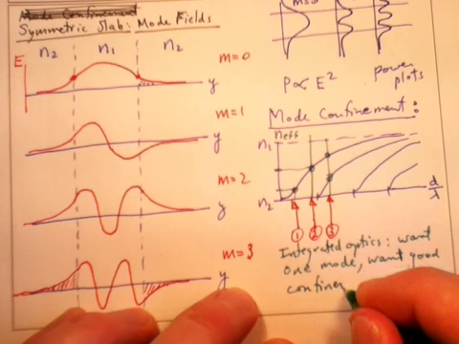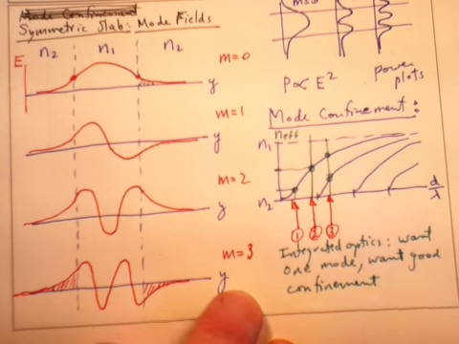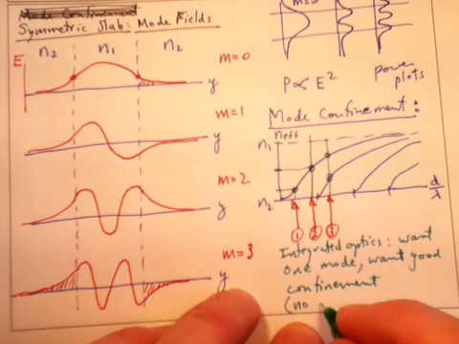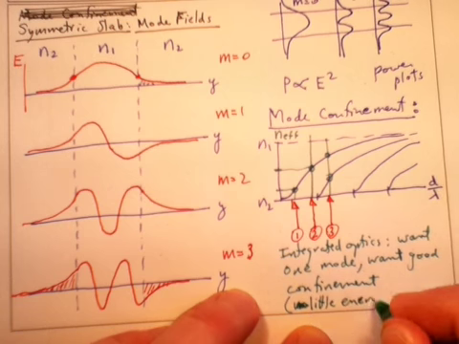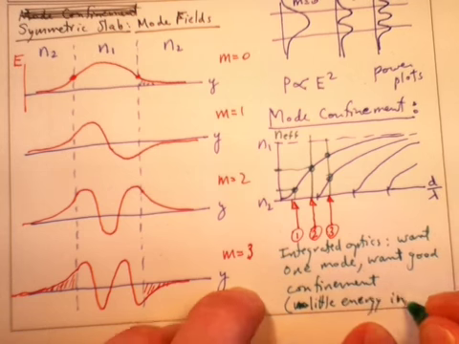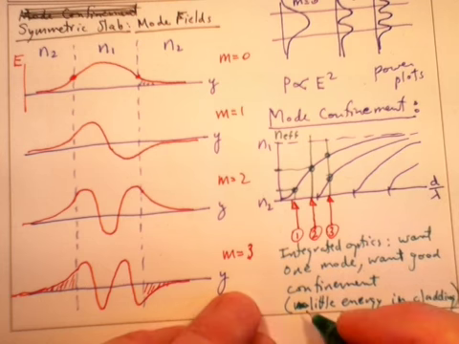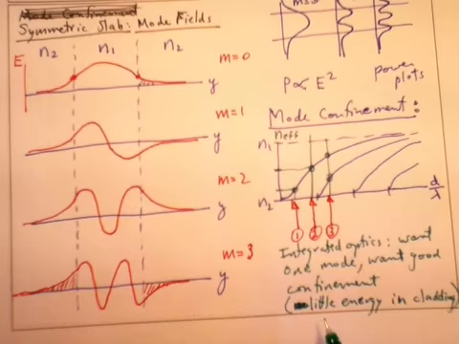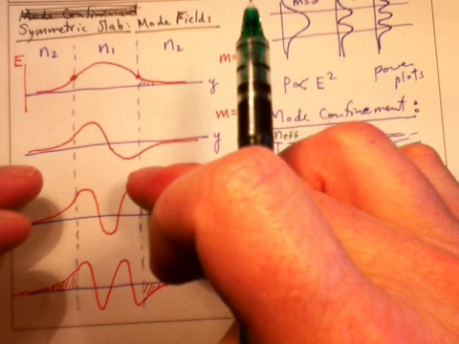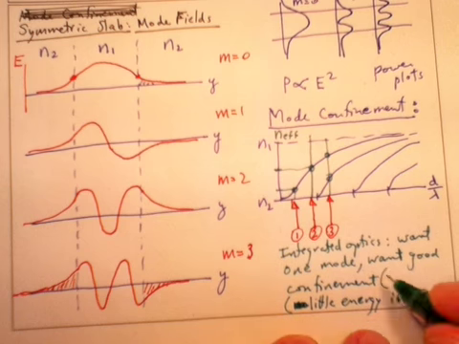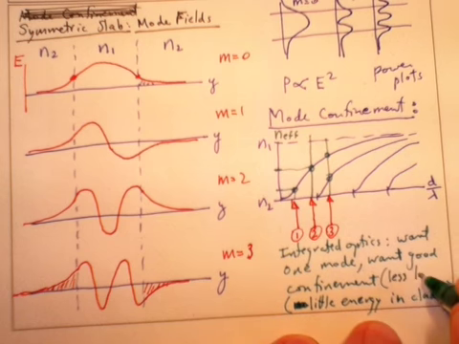Good confinement means that we don't have much energy in the cladding. If we make integrated optics devices where a lot of the energy spills out into the cladding, then those modes tend to be very lossy. So good confinement leads to less loss, generally speaking.